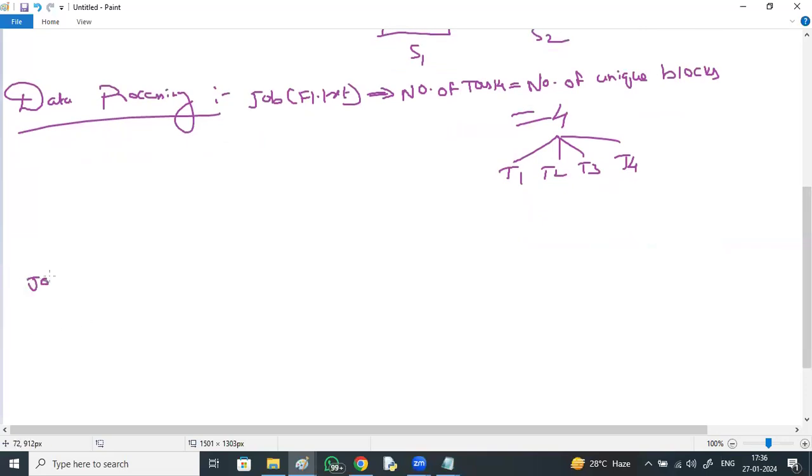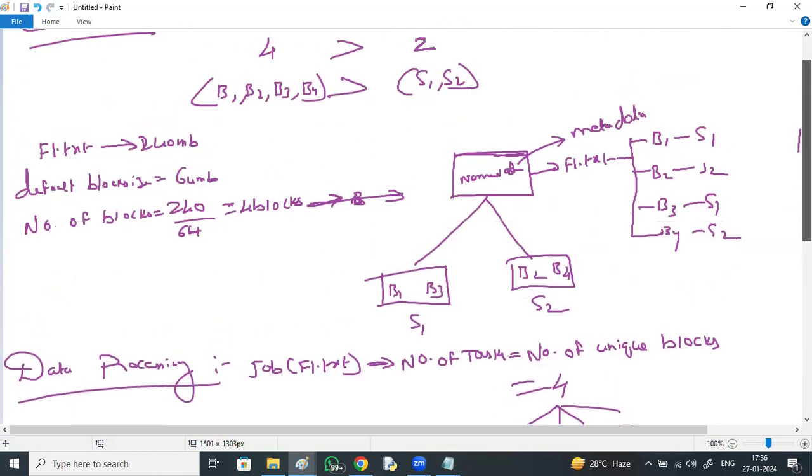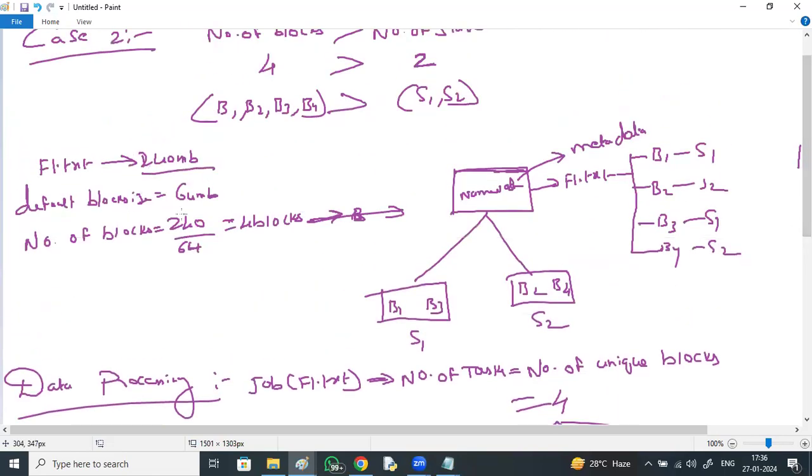Excuse me, sir, is this 4 blocks constant for every file we get? No. The number of blocks depends on the file. 240 by 64 means you got a file of so and so size; by default it is divided into 64 MB blocks, so 240 by 64 means 4 blocks. If the file size is 900, approximately 9 to 10 blocks. If the file size is 1500 MB, nearly 25 to 30 blocks.